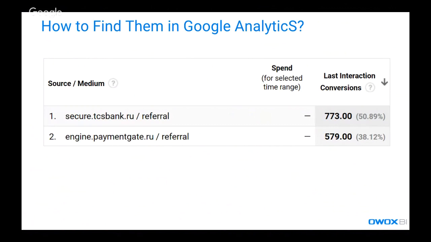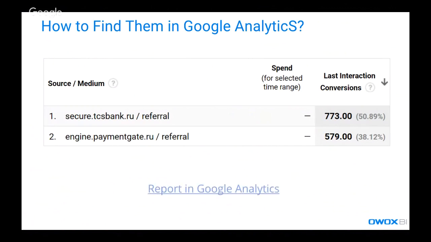If you send orders from your site and there is an option of online payment, you can see it in this source/medium report. If you see sources like a bank or PayPal, you should fix it to understand the real sources.